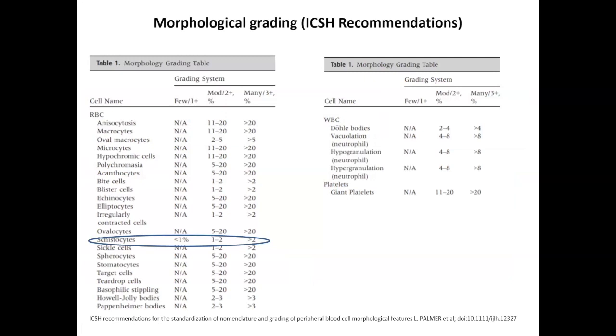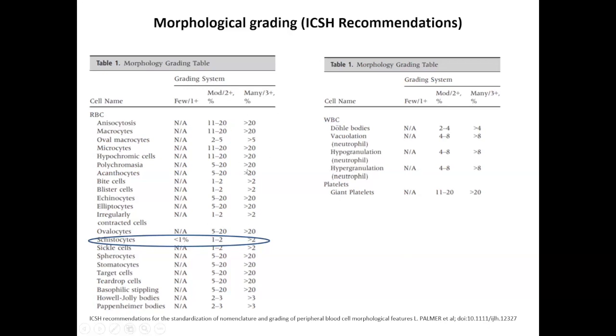Now, I've seen people writing mild microcytic or microcyte plus plus plus plus. I have seen such reports. That doesn't make sense, because what is this plus plus plus plus? Nobody knows. For that, ICSH has given these guidelines, rather these are recommendations, and the recommendation says there is nothing like 1 plus for any of the poikilocytes except for schistocytes. There is nothing like 1 plus.